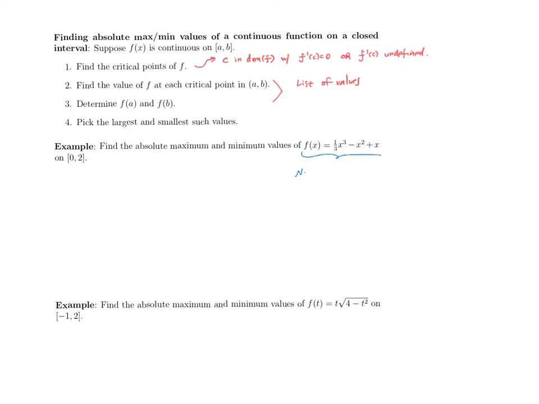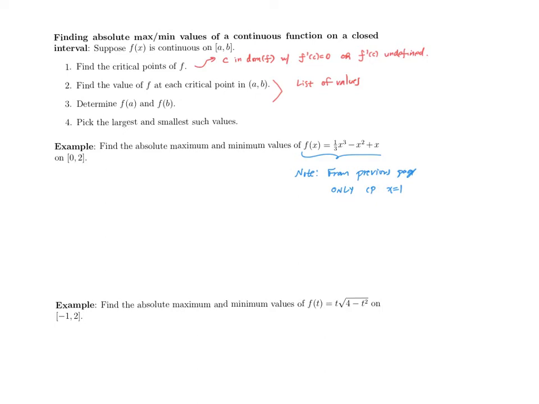So without recreating the work, let me just note from the previous video, there is a single critical point. The only critical point is x equals 1. And note, x equals 1 is in between 0 and 2.